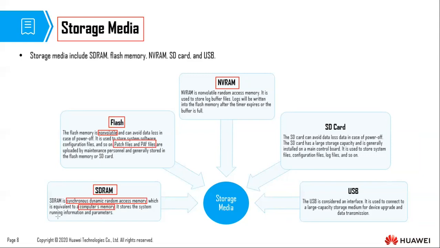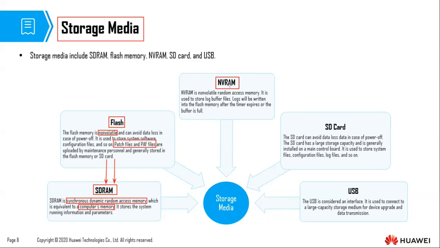It's used to store the system running information and parameters, meaning that, for example, when you start up your device, the system software is going to be loaded from the flash drive to the SDRAM. Also, the configuration file is going to be loaded from the flash drive to the SDRAM. I hope that is clear.